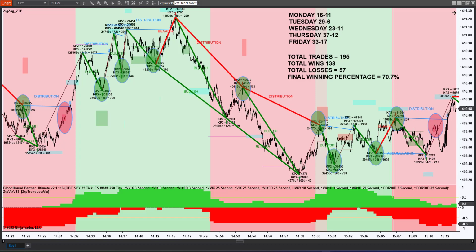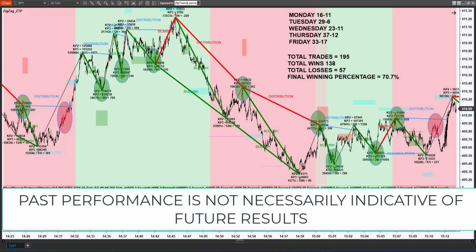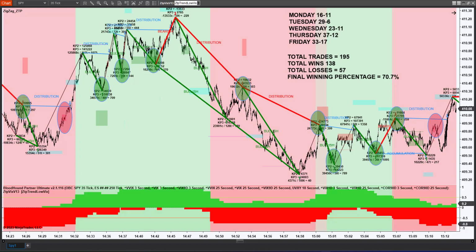Of those 195 trades, we won 138, we lost 57, and that gives us a final winning percentage of 70.7%. Now, what is really important to remember, of course, is past performance is not necessarily indicative of future results.